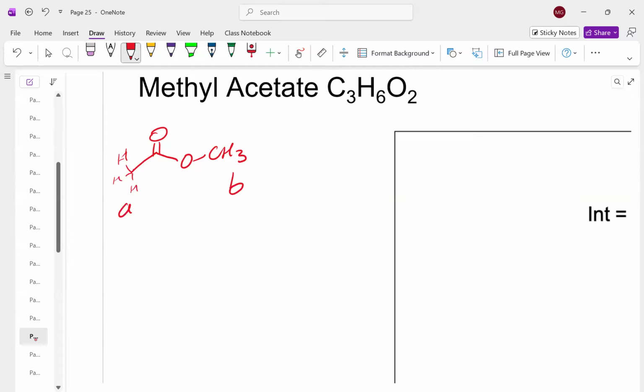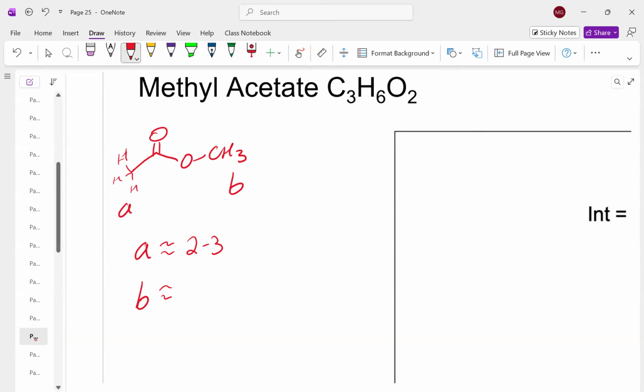Now let's do some predicting of where we would see these. So A hydrogens, those are alpha hydrogens, alpha to a carbonyl. So those are probably going to be somewhere between 2 and 3. And the hydrogens next to an oxygen, those started around 4.